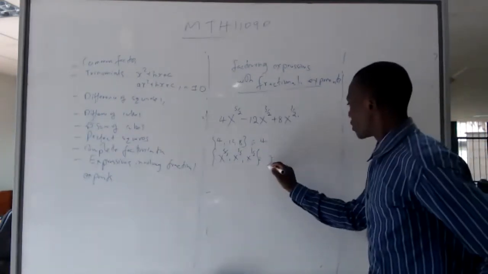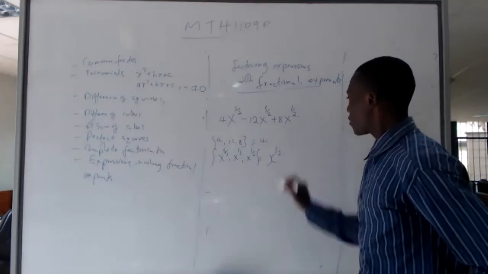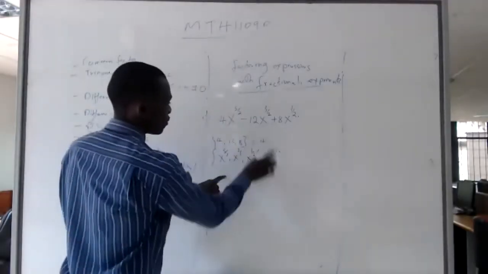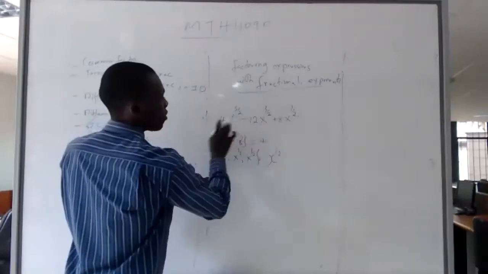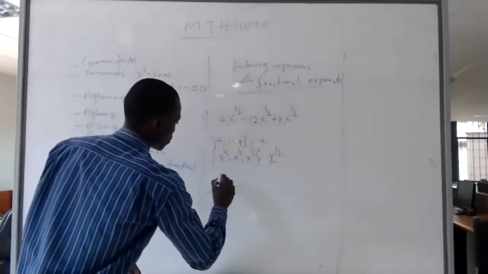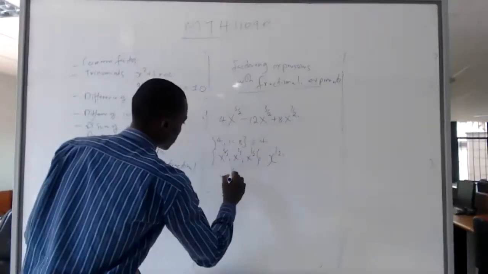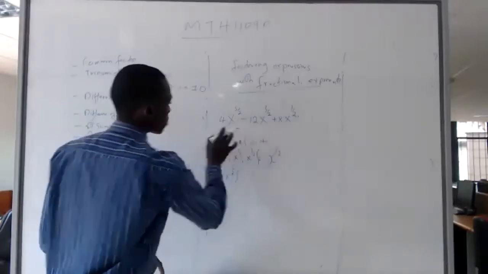X power half. Yeah. GCD here is x power 1/2. And so now the product of this will be a common factor for this expression. So 4x power 1/2 should factor your expression.